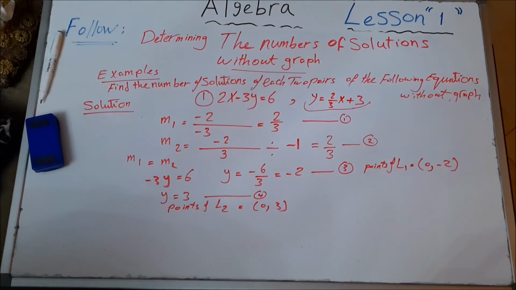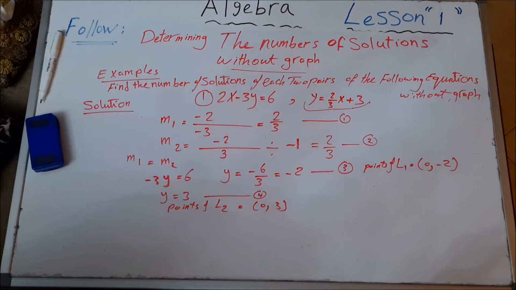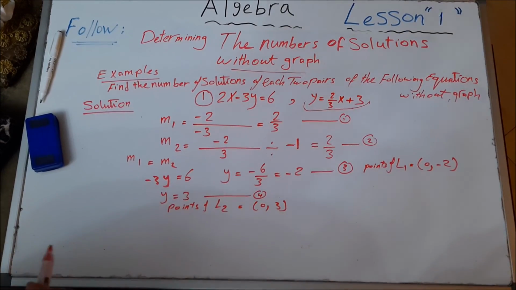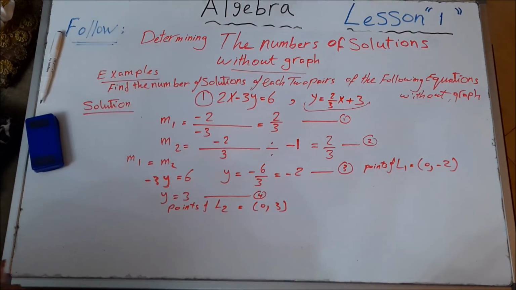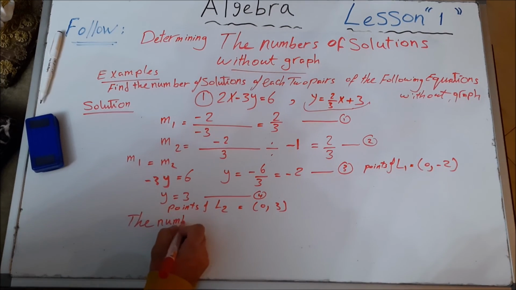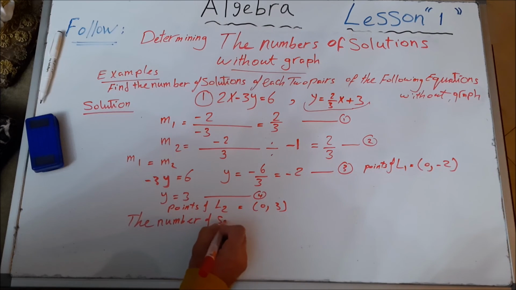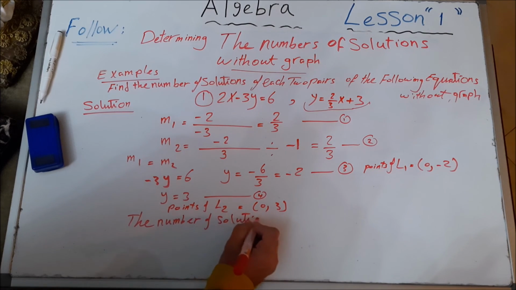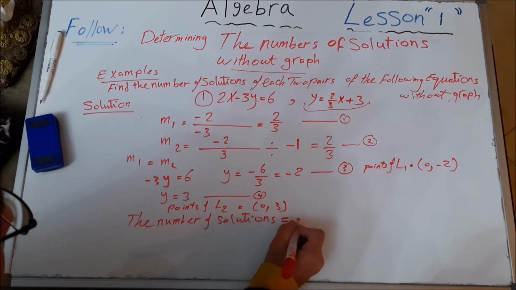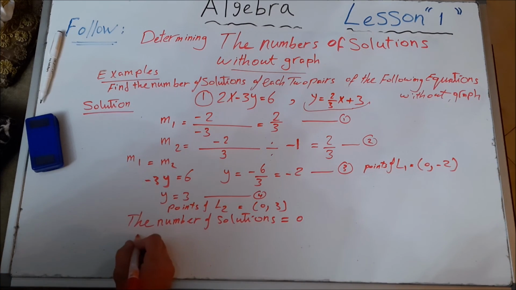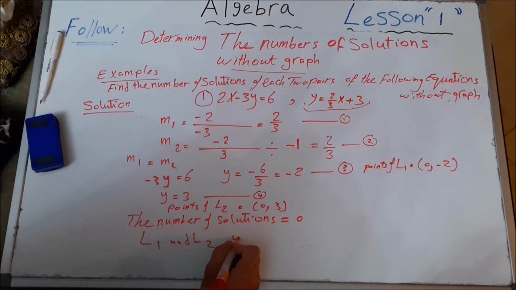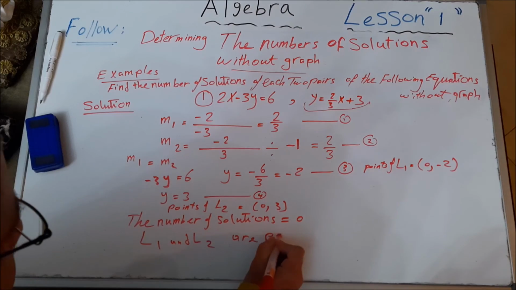We noted that the 2 points of straight lines 1 and 2 are not equal. In this case, the number of solutions equal 0, and the two straight lines L1 and L2 in this case are parallel.